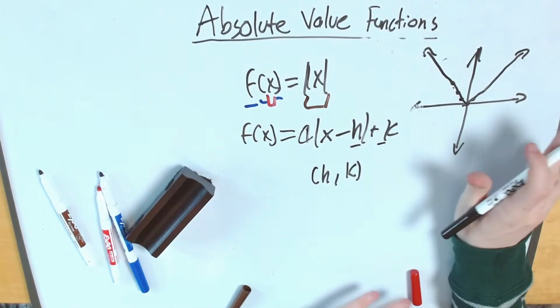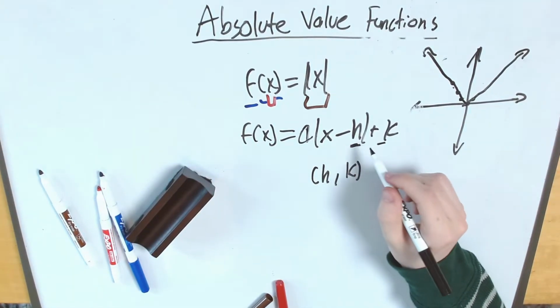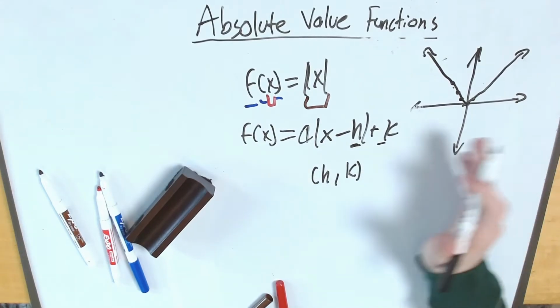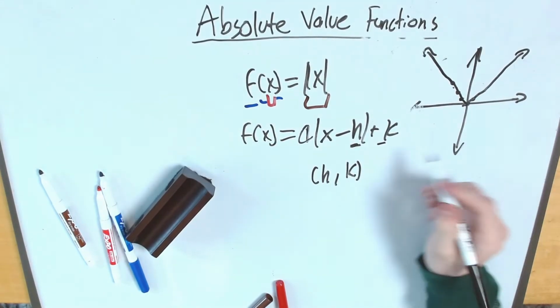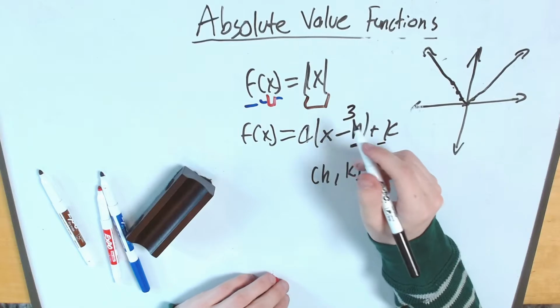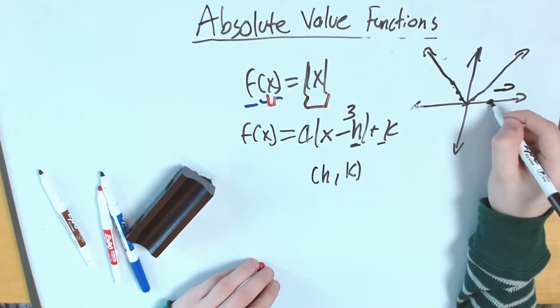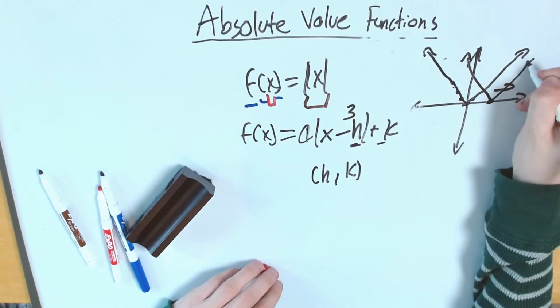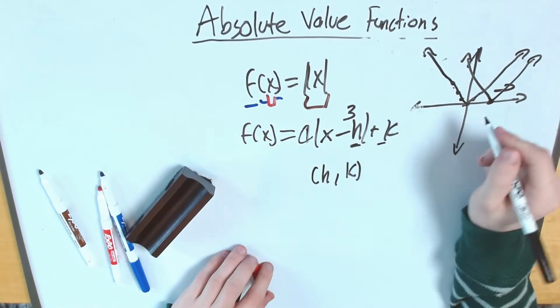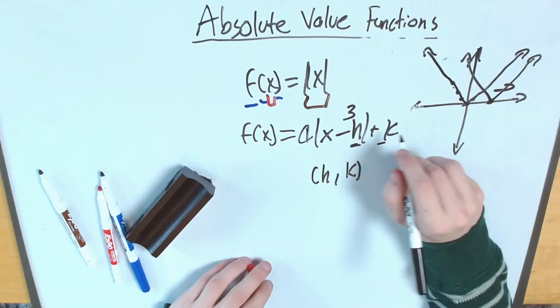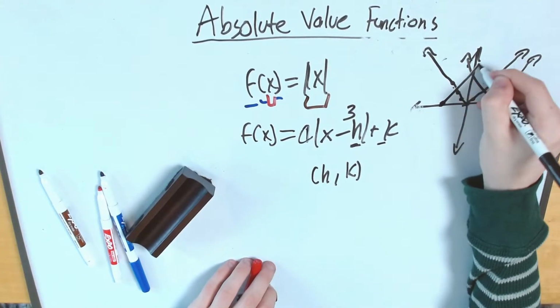These two numbers together tell us how far we'll be shifting the graph. This h will determine how far we're shifting the graph horizontally. So if this was x minus 3, that would mean we're shifting the graph 3 units to the right. If this was x plus 3, that means we were shifting it 3 units to the left.